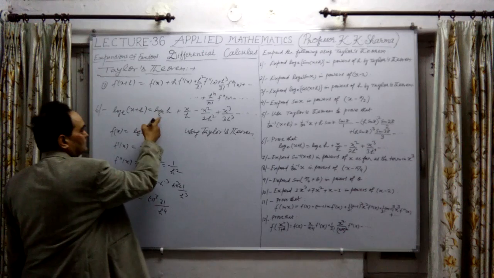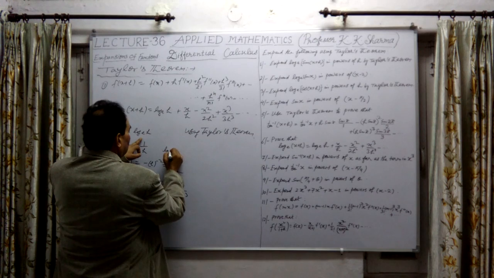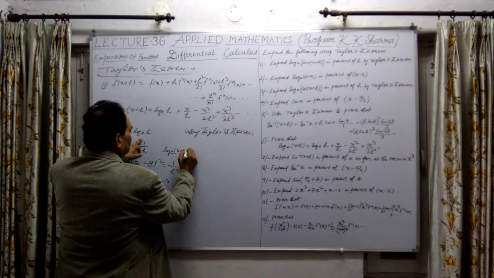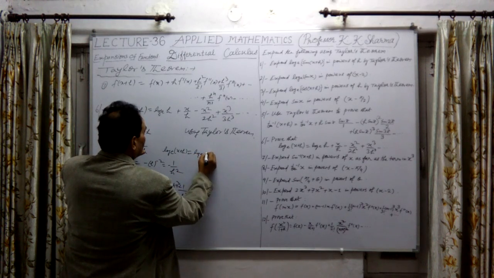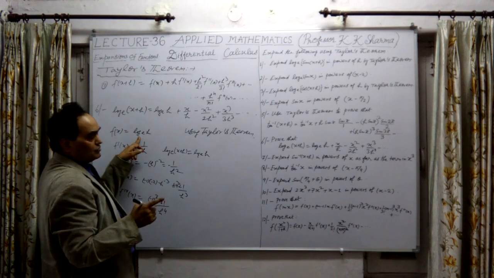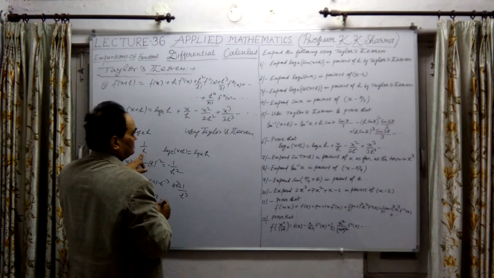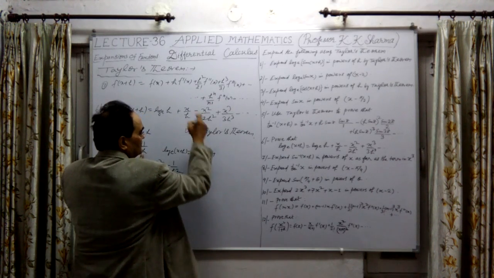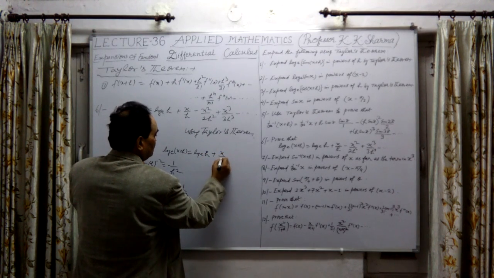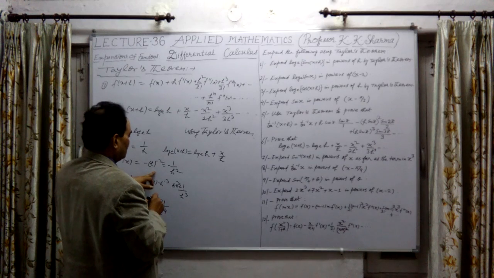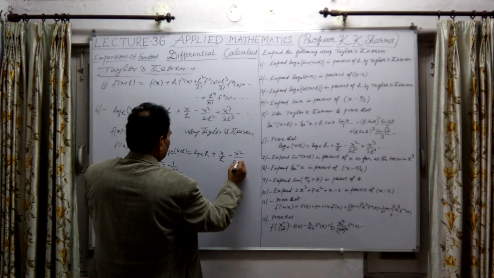we can write this equation as: the first term is f of x, therefore log of (x plus h) is equal to the first term, log of h. Then we differentiate with respect to h, as we have done here. The first derivative is 1 upon h, so in powers of x that means x upon h. The second is negative, minus x square upon factorial 2, that means 2 into h square.